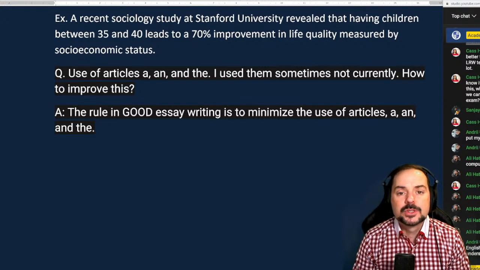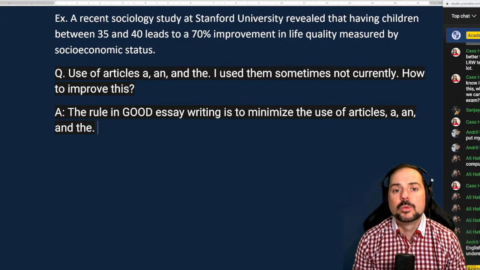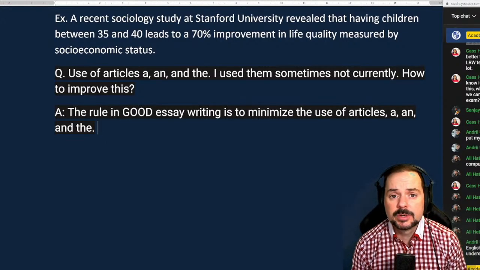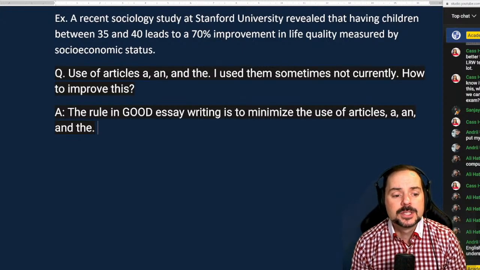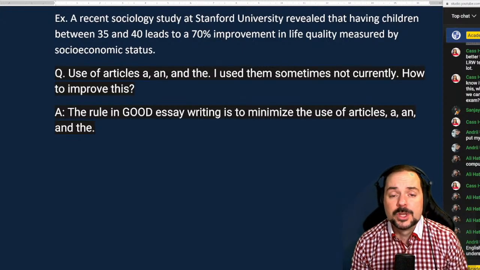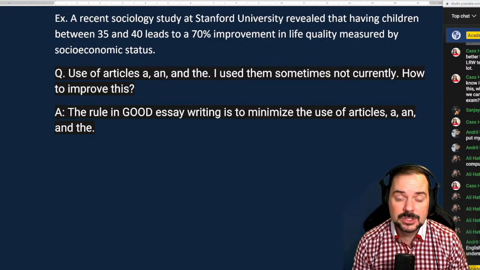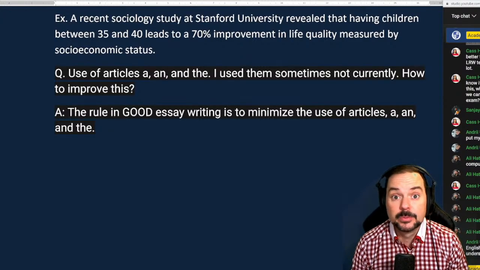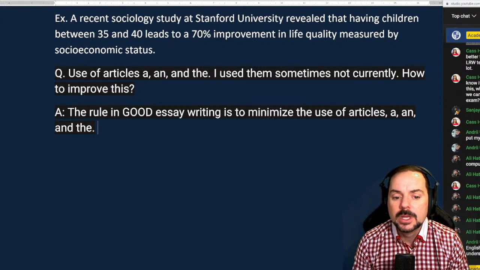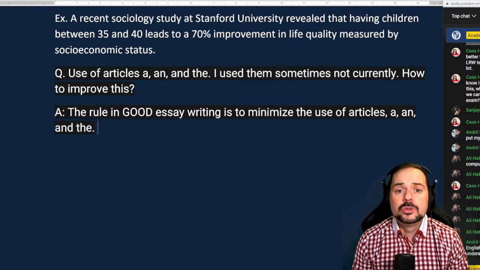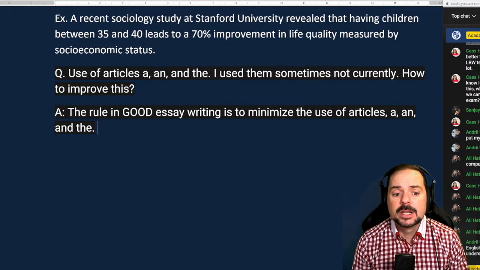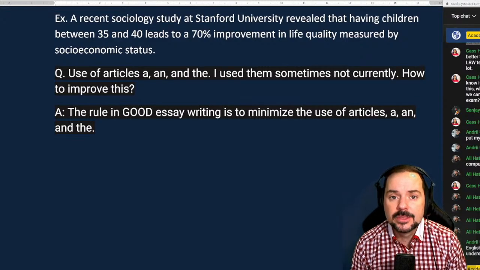That means that when you're writing a research paper for your master's or your PhD, and it has to be really top quality, then you do have to edit and proofread and remove all of the unnecessary a, an, and the.